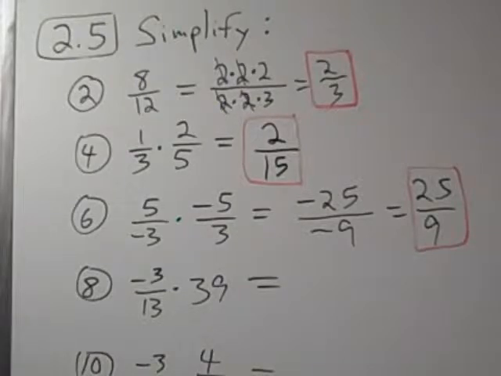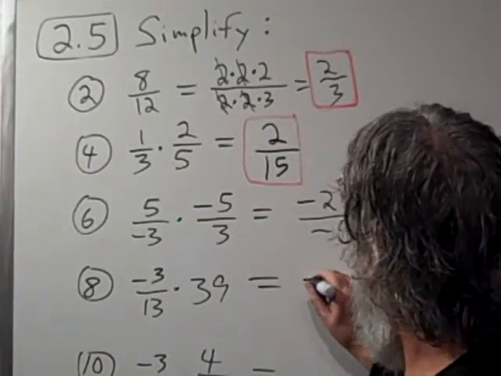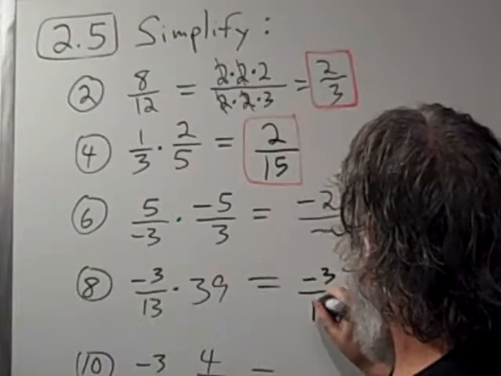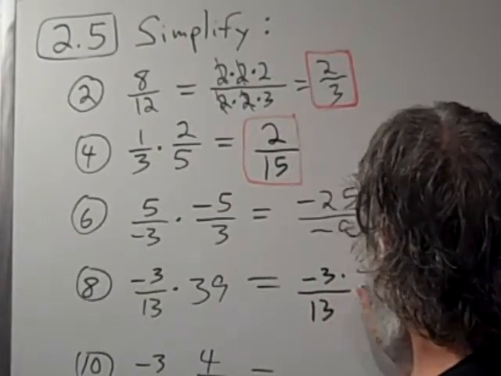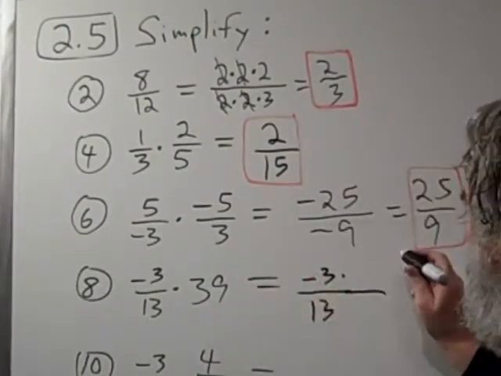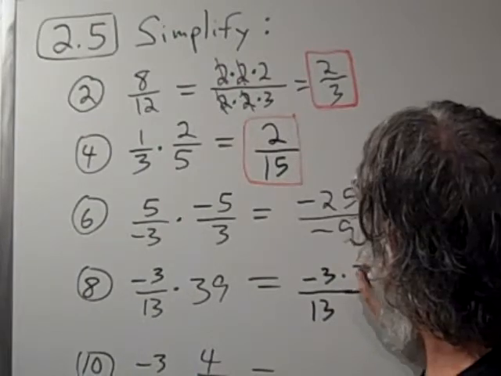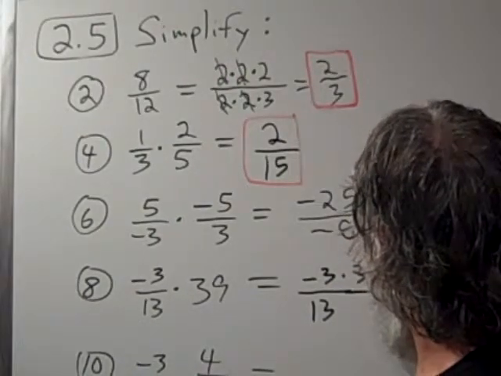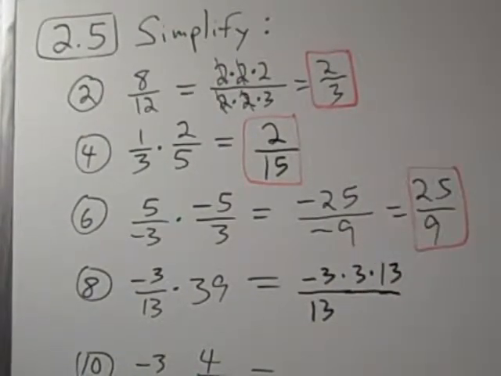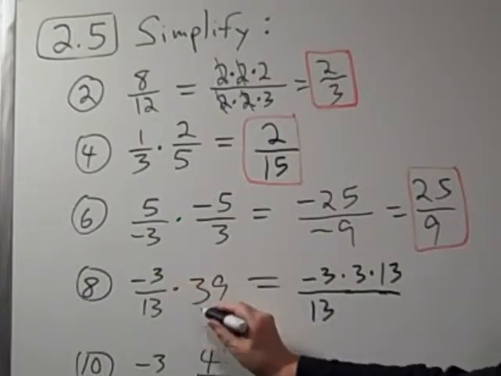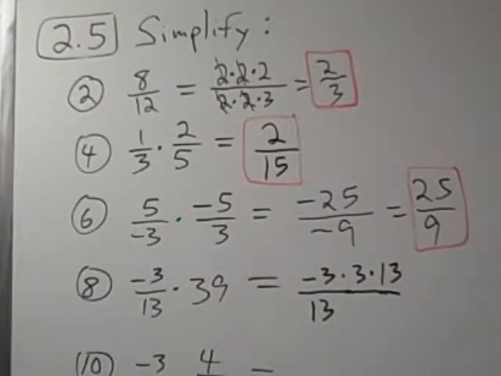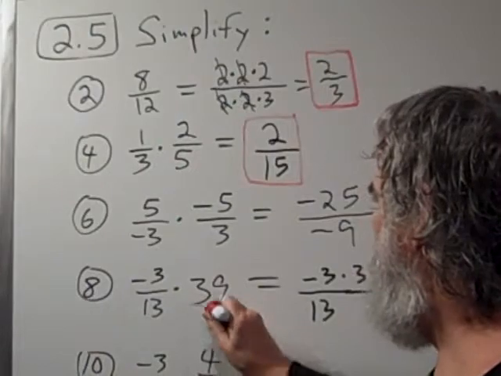On number 8, let's write it as negative 3 divided by 13 times 39. But 39 is equal to 3 times 13. You can think of 39 as 39 divided by 1.